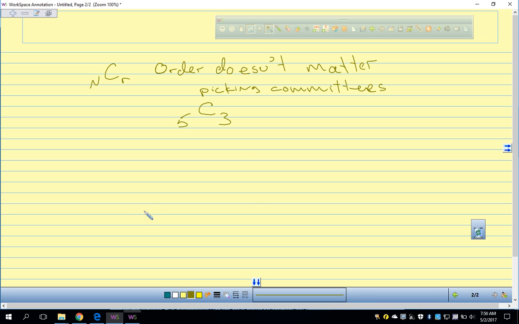Okay, so if you're playing cards, cards come up a lot in combinations. If they say how many different poker hands are possible? How many cards do you have in a deck of cards? 52.